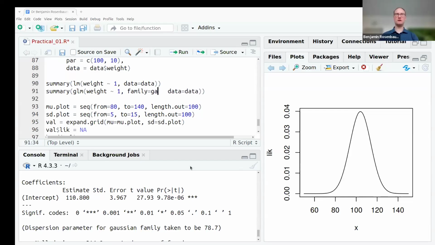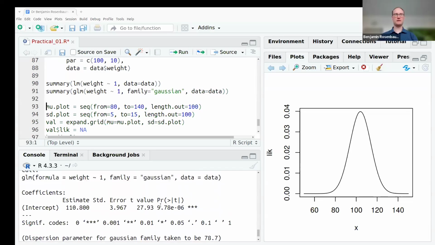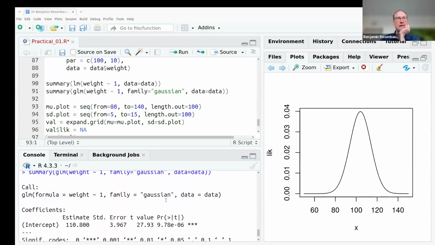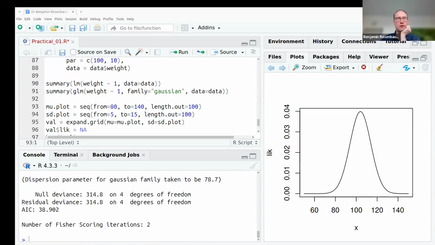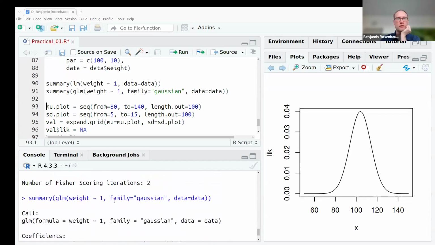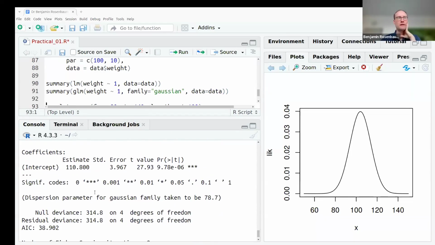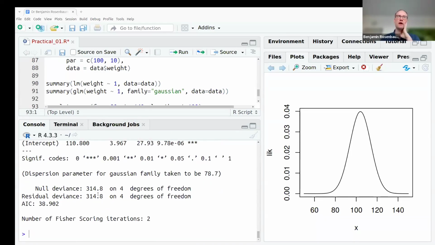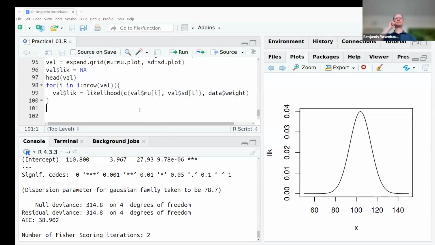Is it Gaussian or is it normal? Okay, I don't know why it doesn't give me the standard deviation here. It should include the standard deviation, but I don't know why it doesn't display it right now. Okay, no, sorry, don't know. But I think it should be the same.